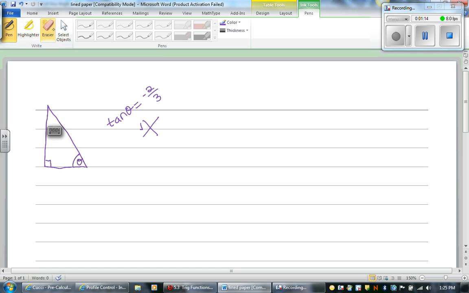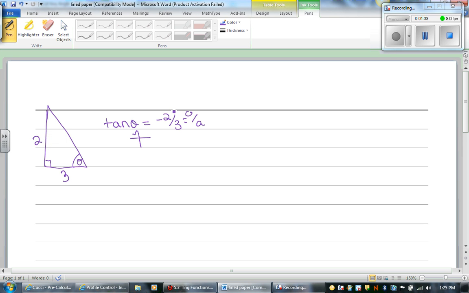I wrote that crooked, so I'm going to redo it. Okay, so tangent theta equals -2/3, and we are in quadrant 2. From this angle, tangent is opposite over adjacent. That's your 2/3.